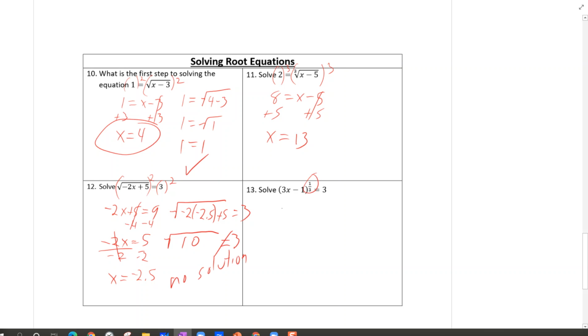Remember that this fraction is a root. Cube both sides. Finish it out.